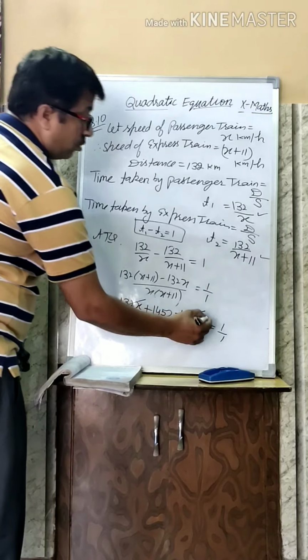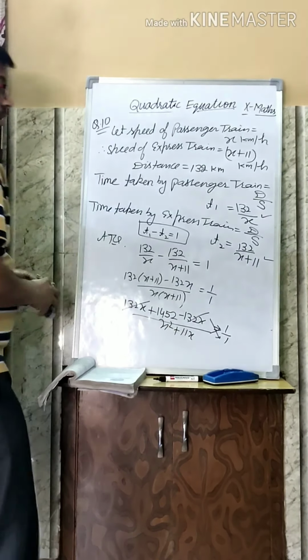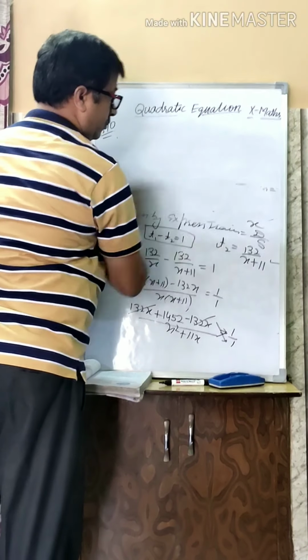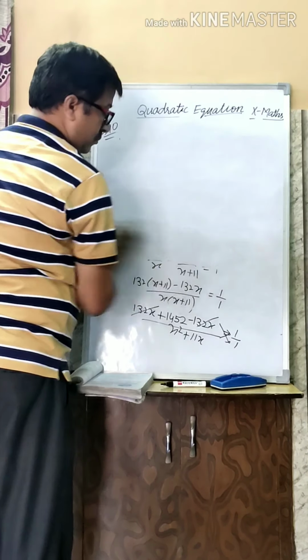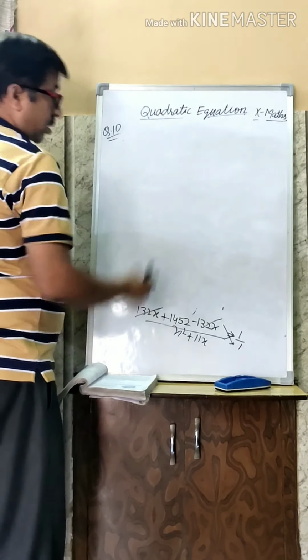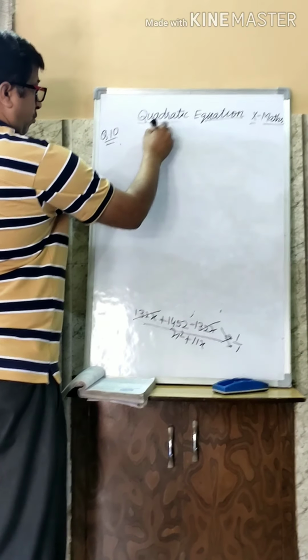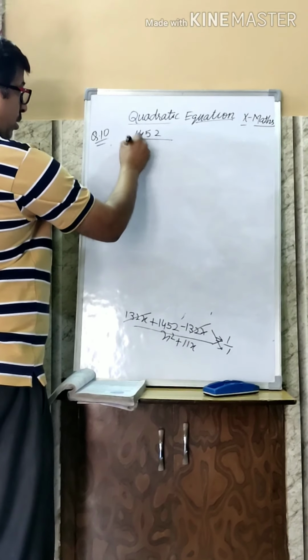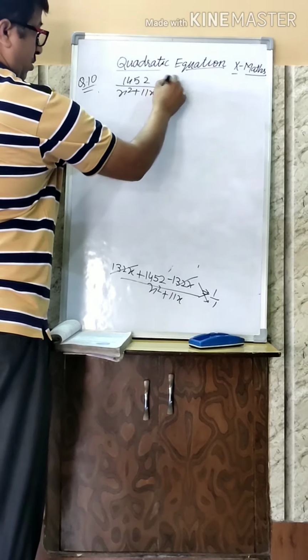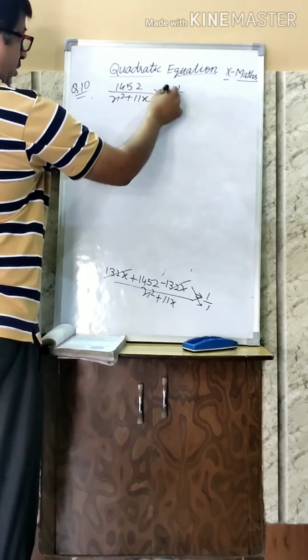So now what will you do? You will cross multiply, then you will get this. So you see it is 1452 upon x square plus 11x is equal to 1 by 1, cross multiply.